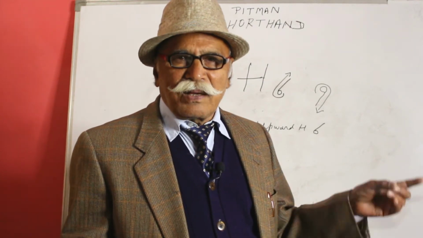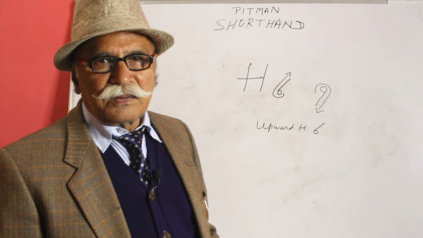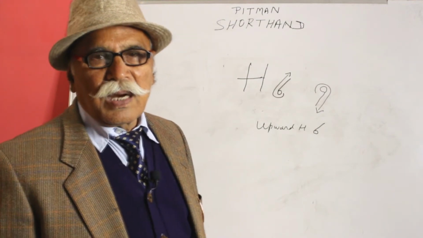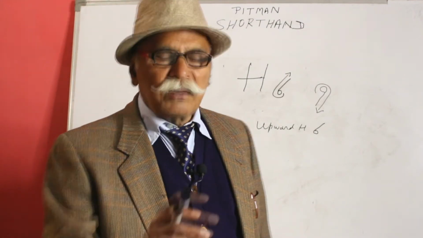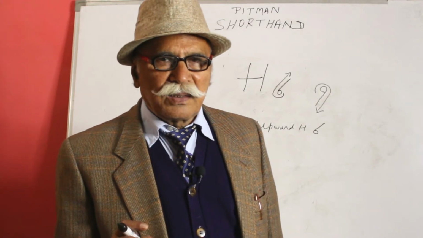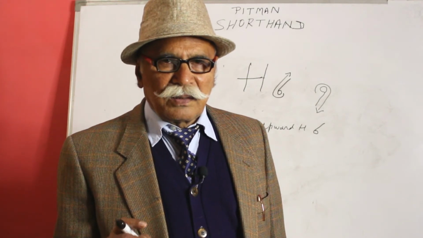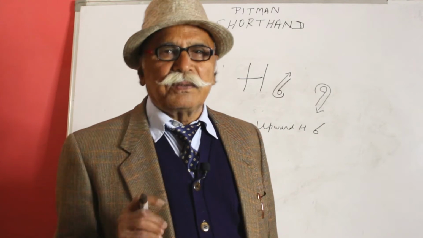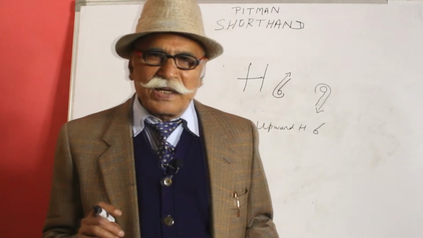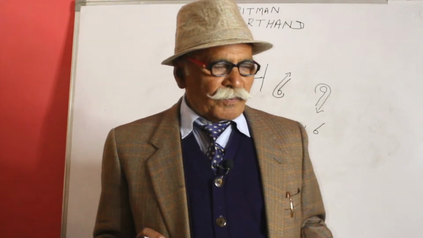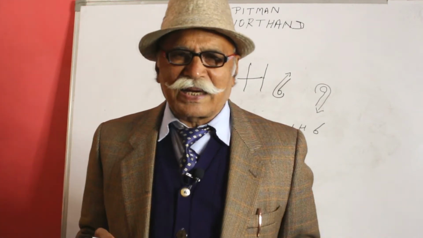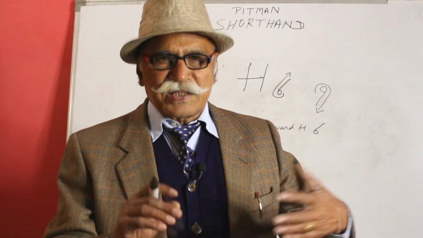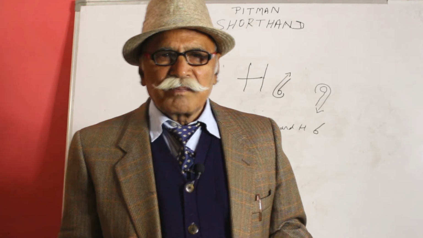So I will tell you examples: heat, hood, hung, happy, hit, hitch. So these are the examples for writing upward. Many examples are there, so you have to do this exercise also, but these are some examples.